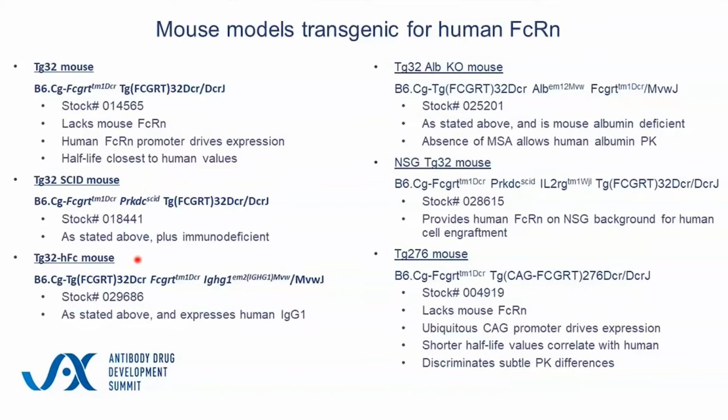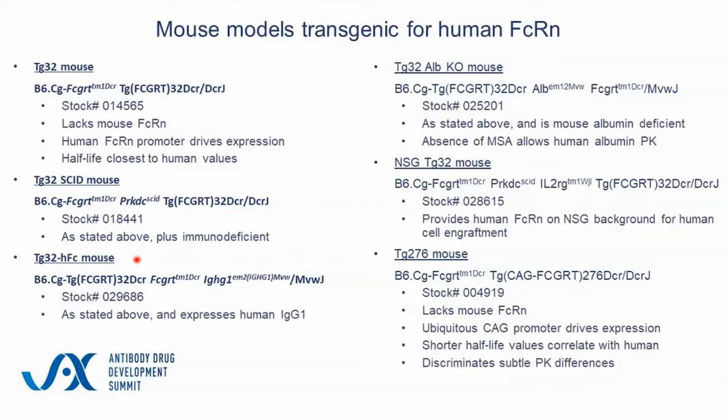The next model is the TG32 HFC mouse. It's transgenic for the human IgG domain, which allows it to express human IgG1.